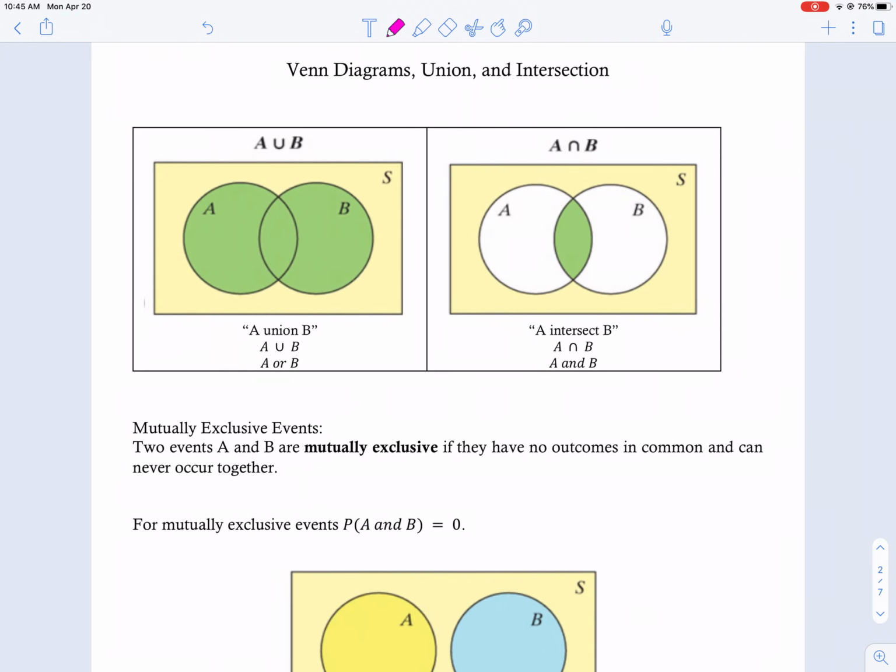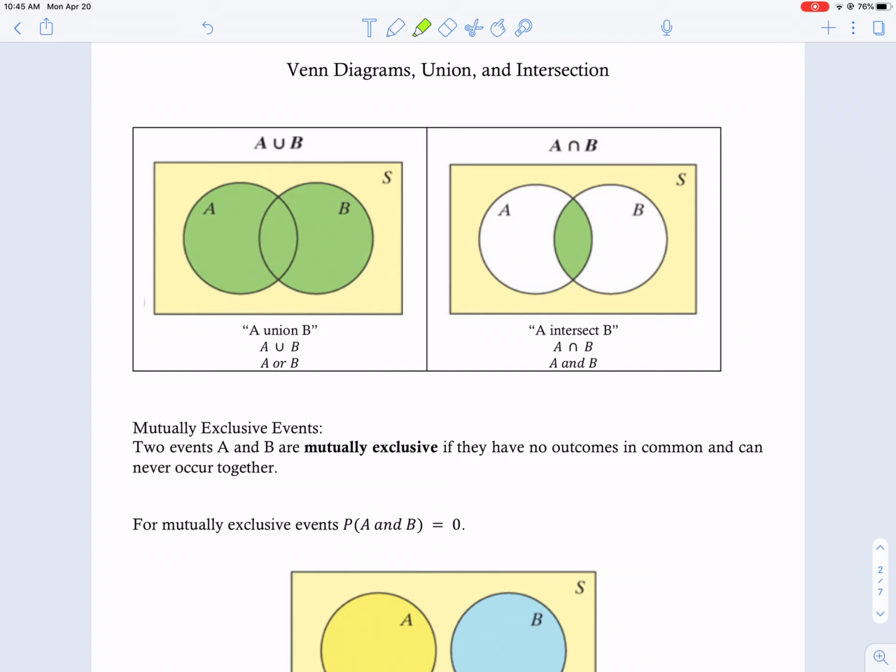So let's look at your Venn diagrams, union versus intersection. Your union is your or, and it means everything. One or the other, A or B, you would include everything in both circles. Where intersect, you could see where we highlighted in green, is what both A and B have.